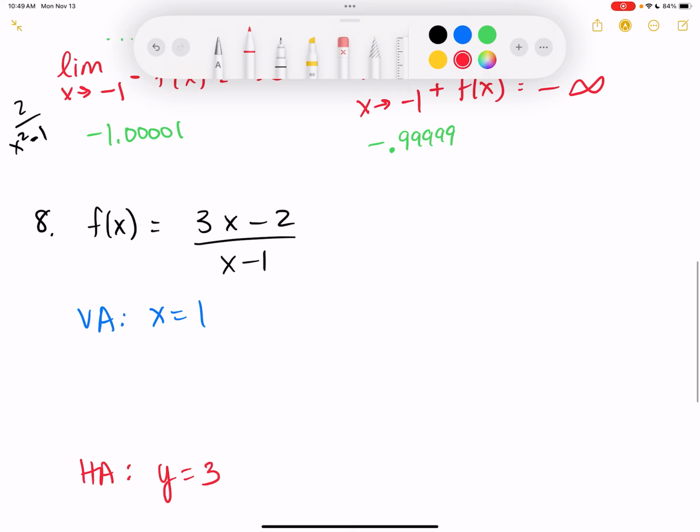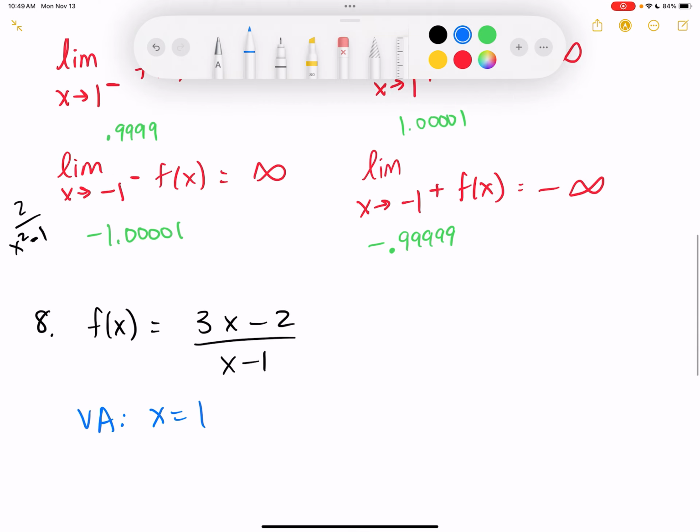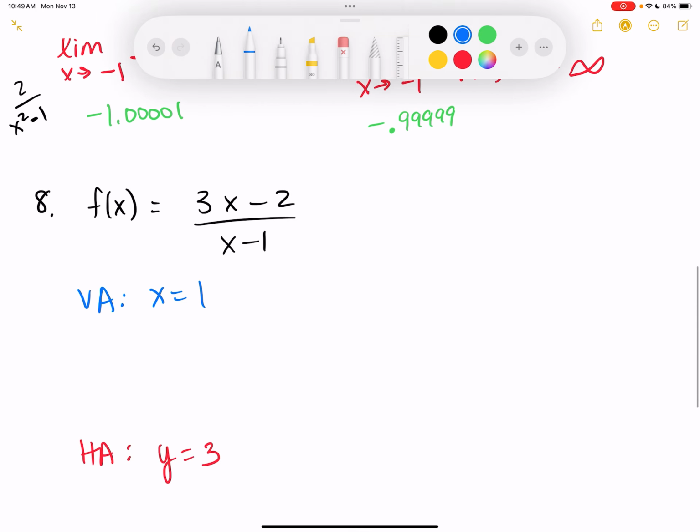So for the vertical asymptote, we do what we did up here. At 1, I'm going to approach 1 from the left and the right and see where it's going. The limit as x approaches 1 from the left of f of x: 1 from the left would be 0.99999. Pay attention, because I now have an x on the top as well. So we always have to be careful about that.